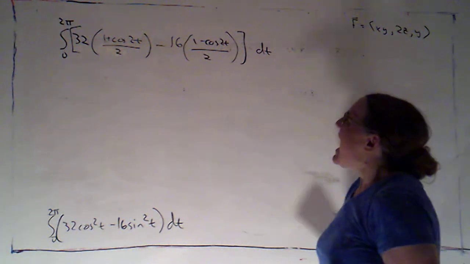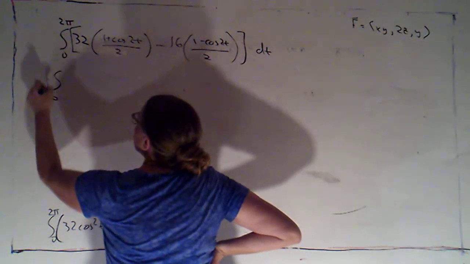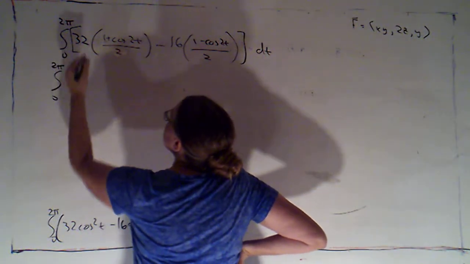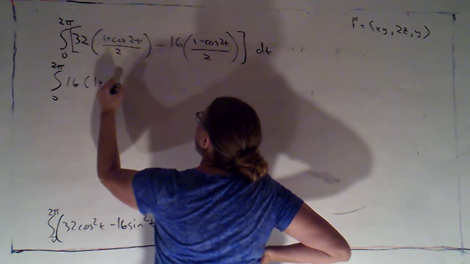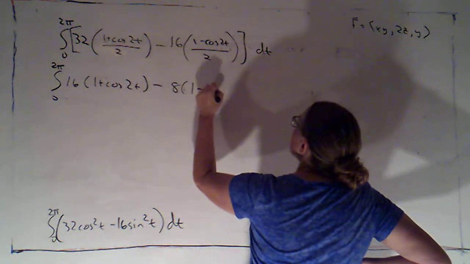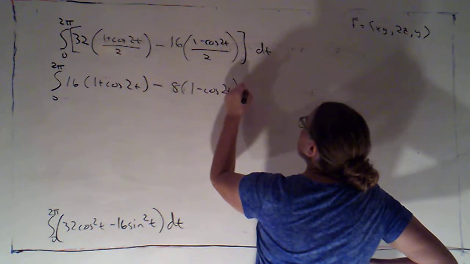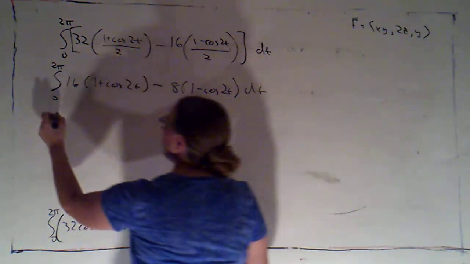Okay. All right, so let's see. I'm going to just cancel some stuff here. So that's going to give me 16 times 1 plus cosine of 2t minus 8 times 1 minus cosine of 2t dt. Let's go ahead and distribute that on through.